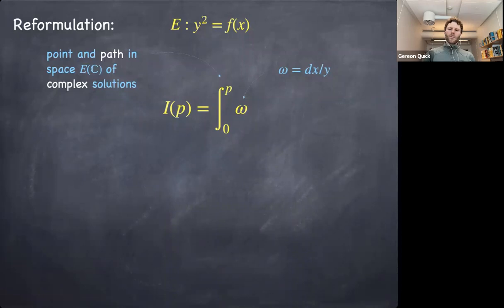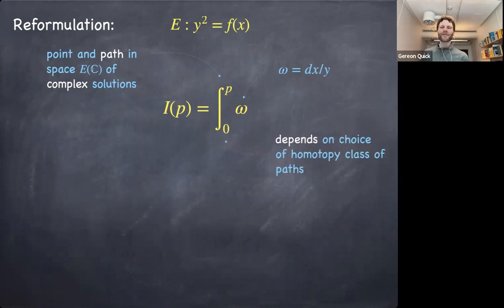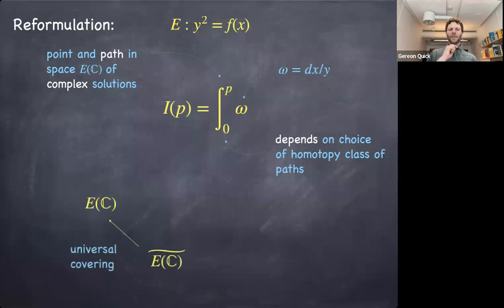But by doing this, we also pay a price, or there's a significant drawback, because now this number I of p depends on the homotopy class of the path that we chose. So what this really gives us is a function that is defined on the universal covering space of E of C.